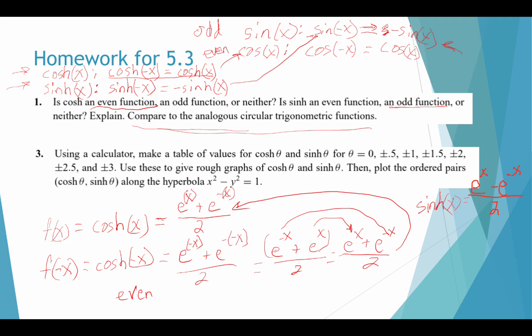Part 3, use a calculator to make a table of values for cosh of theta and shine of theta. Where the values of theta are 0, plus or minus a half, plus and minus 1, plus and minus 3 halves, plus and minus 2, 5 halves, and 3.